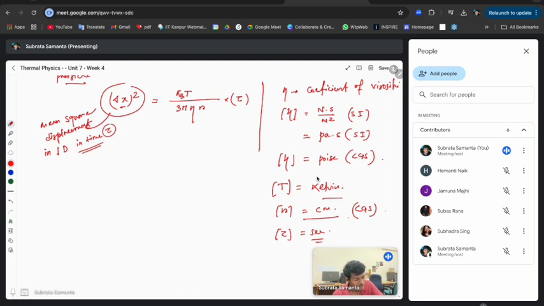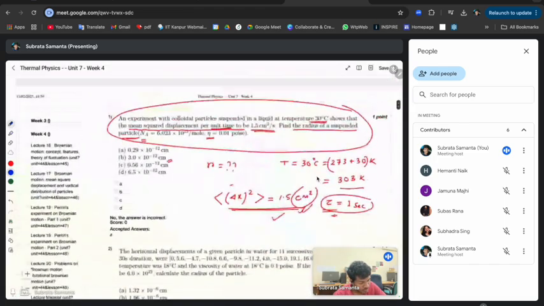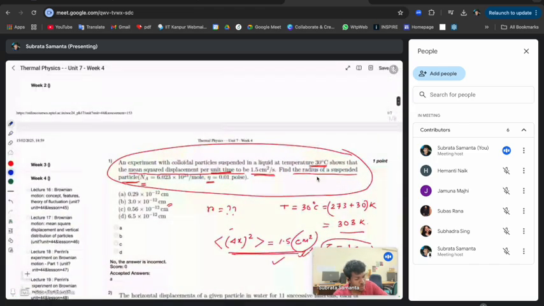So in time tau, the mean square displacement is delta x square. Now in the problem, the value of delta x square is given. What is the value? 1.5 centimeter square and tau 1 second.